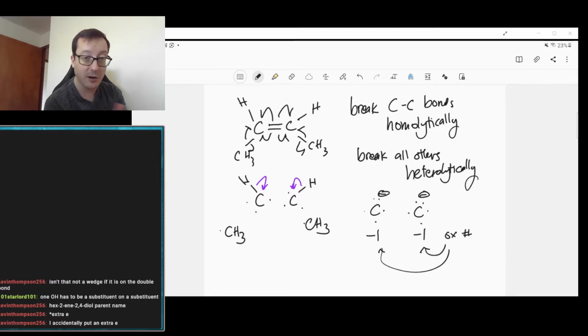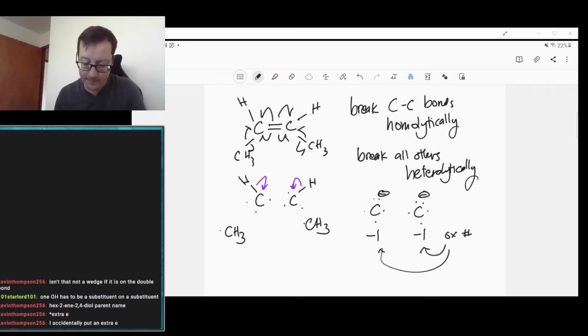But because each carbon is different here, we want to look at the oxidation numbers on each specific carbon. The best way to do that is to break all the bonds and see what's been connected. All carbon-carbon bonds are homolytically broken, meaning you get 1 electron from that bond. All other bonds get heterolytically broken, which means the electrons go to the more electronegative atom.